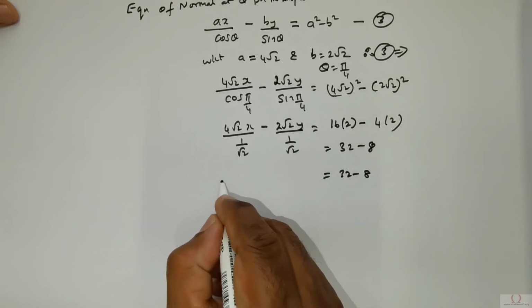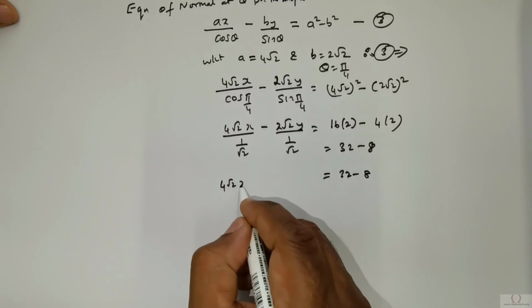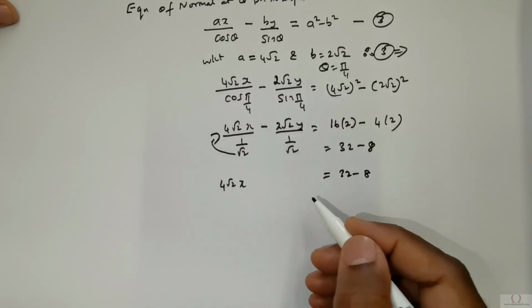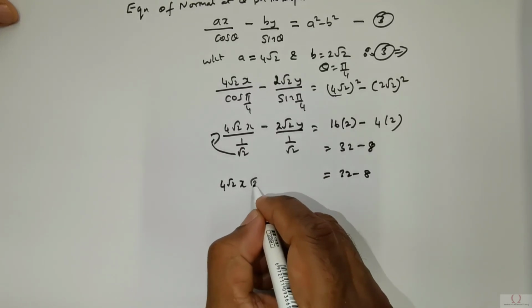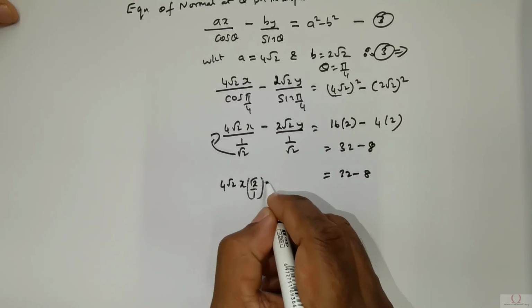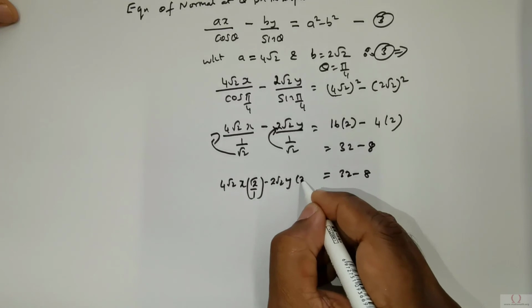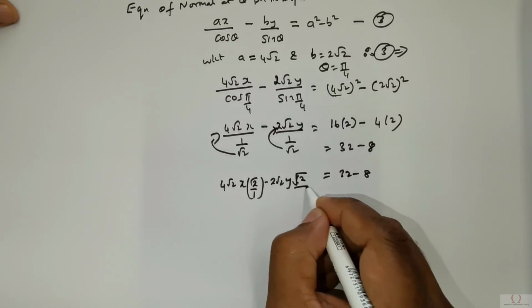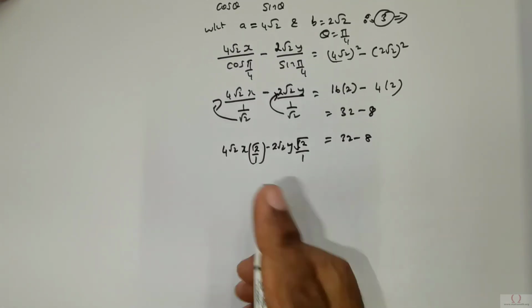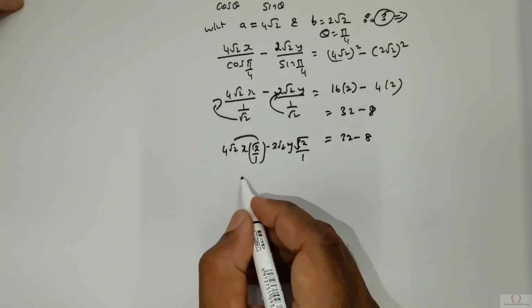While I simplify the left-hand side: 4 times root 2 times x, flipping the 1 over root 2, gives me root 2 over 1, minus 2 times root 2 times y, flipping the 1 over root 2, gives root 2 over 1. I can further rewrite this by multiplying root 2 with root 2.